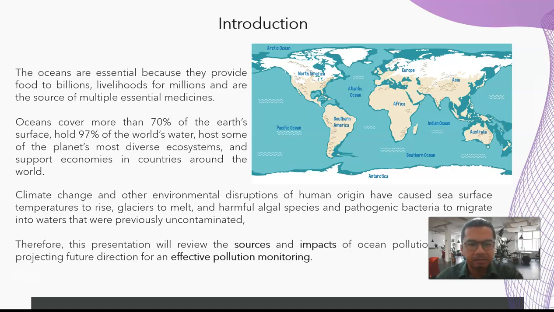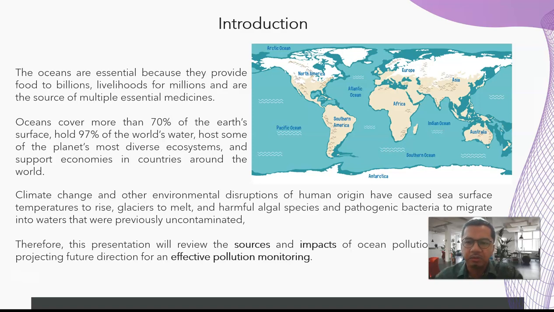As we know, climate change and other environmental disruptions coming from human origins have caused sea surface temperatures to rise, glaciers to melt, and harmful algal species, as well as pathogenic bacteria, to migrate into waters that were previously uncontaminated.